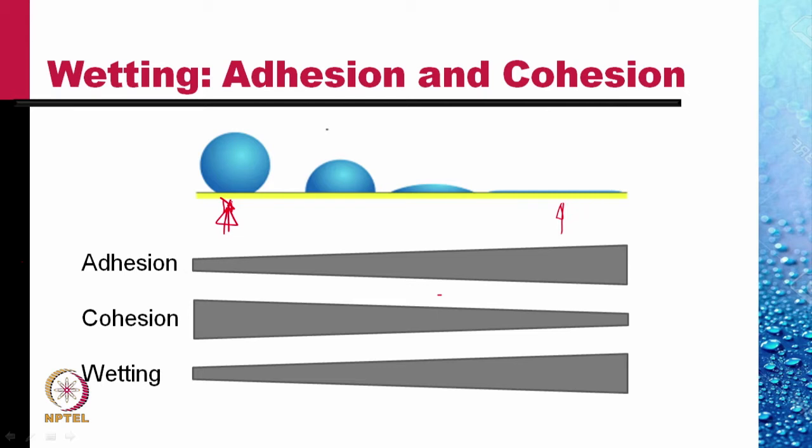But on an ordinary paper, the droplet of water would spread out like this, because the water wets an ordinary paper, but it does not wet a waxed paper. On a waxed paper, the adhesion with the paper is low, and cohesion within the water molecules is high.